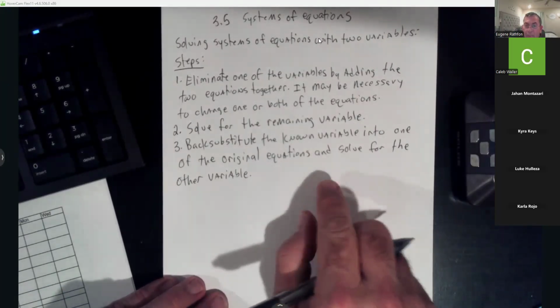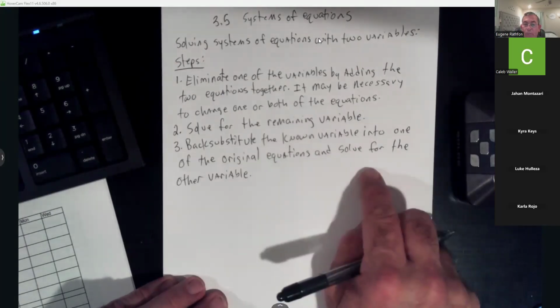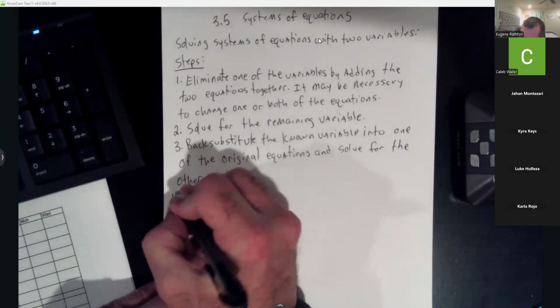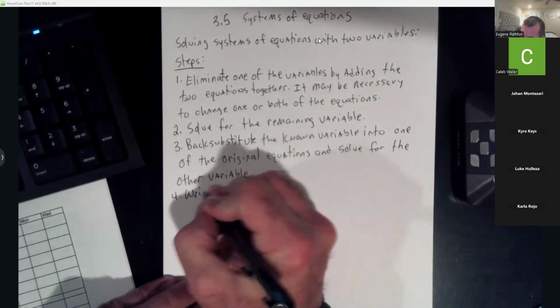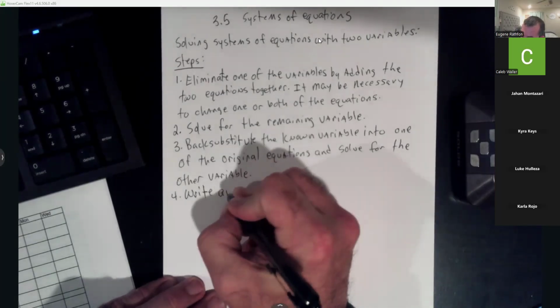All right, so I'll solve for a variable. I'm going to back substitute, solve for the remaining variable. I'm going to write the answer as an ordered pair.